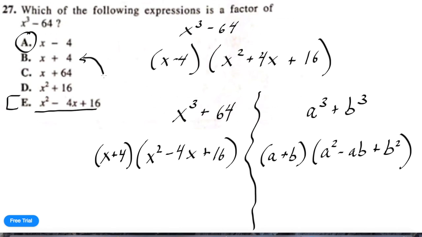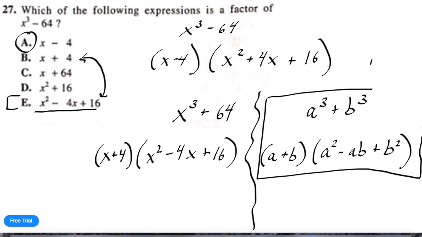What might tip you off here is that these two things go together, if you were to notice that. But I wanted to give a quick overview of where answer choice E comes from, because the more you know about this factoring stuff, the more prepared you'll be. So it's good to memorize this concept for both the difference of cubes as shown earlier in the video and this sum of cubes.